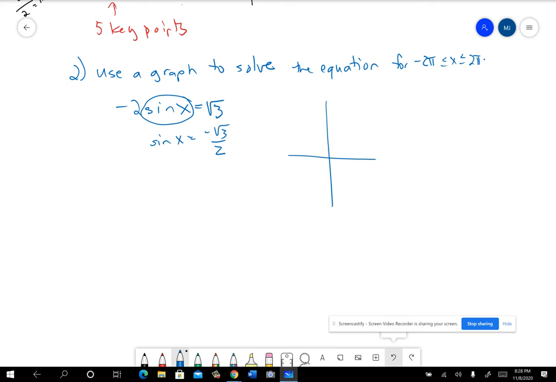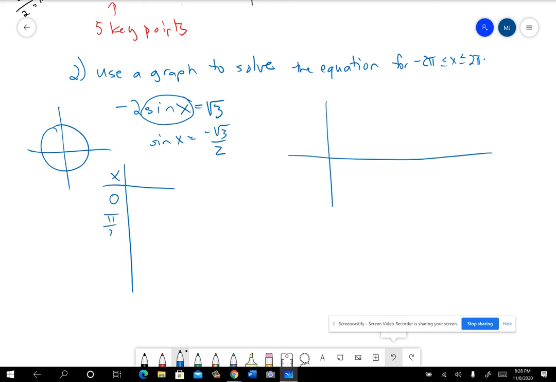Okay, so you're going to be thinking about how the 5 key points that you'd be looking at for your sine graph would be those 5 key points around the unit circle. So 0, pi over 2, pi, 3 pi over 2, and 2 pi. And see, it's just x, so you didn't have to do all that solving of the inequality. So then you know sine x, what it looks like.